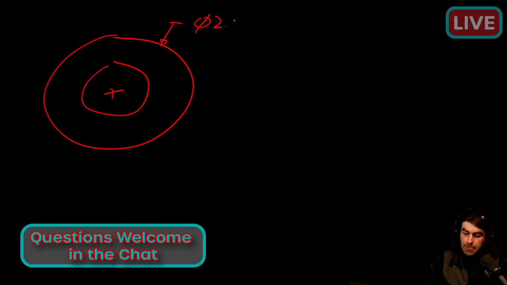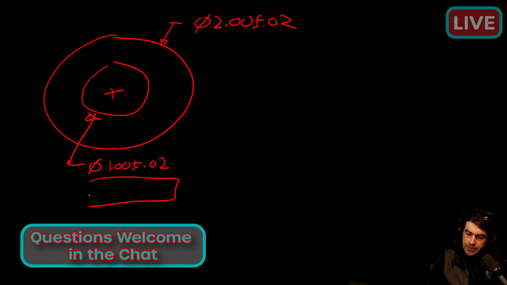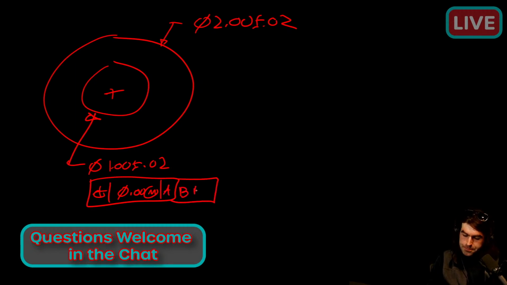So let's say, and you've probably seen, I like this example because it's so simple. We're going to make this donut position, diameter, 0 MMC, go into A, and let's go to B. I like this example a lot more. So let's go to B, basic.